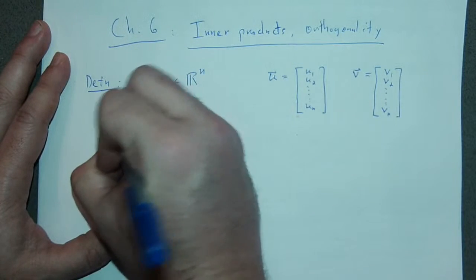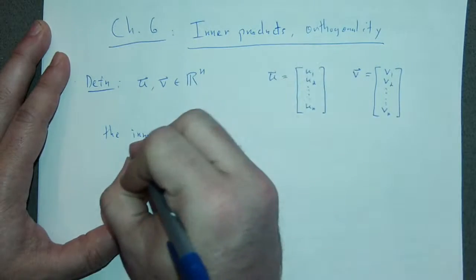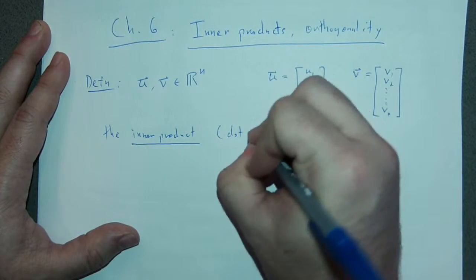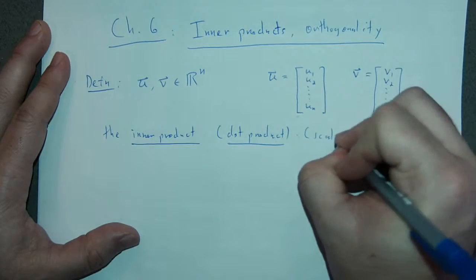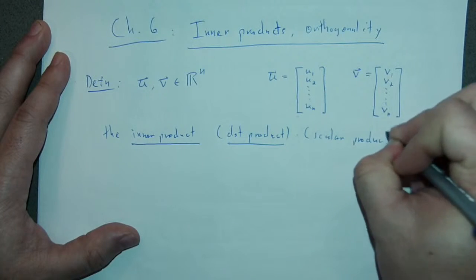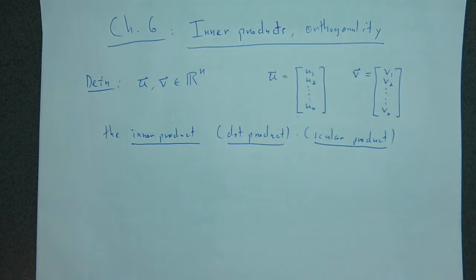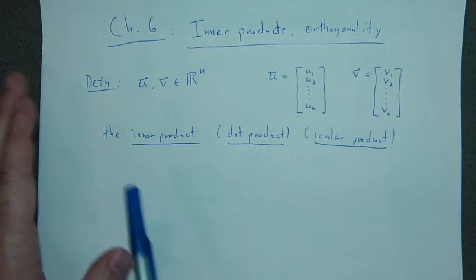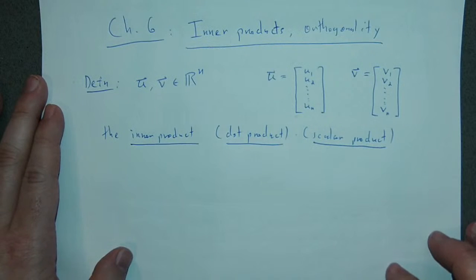The inner product or dot product or scalar product, you will hear all of these. Inner product is kind of the best thing to say here. Dot product is fine because this is a specific inner product, but when you're doing more high-powered stuff, the main thing that's nice about this is that it's in fact an inner product. There are other more general examples of things that are inner products, but this one is the best one.